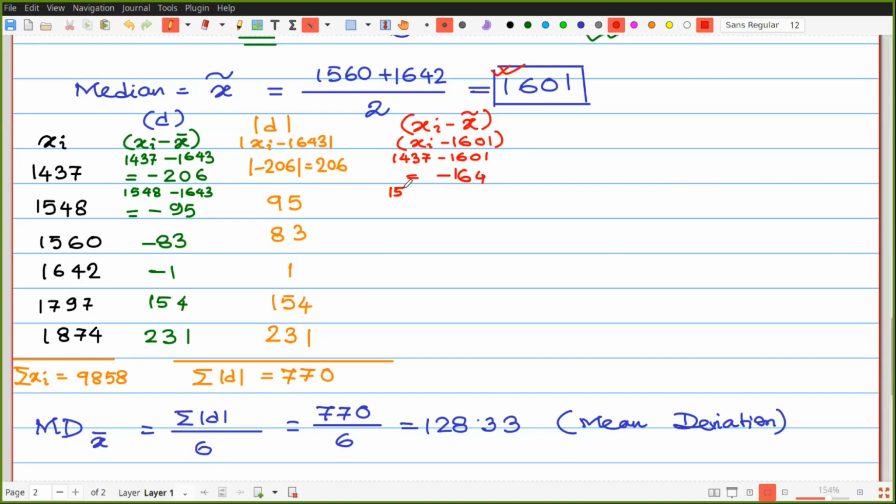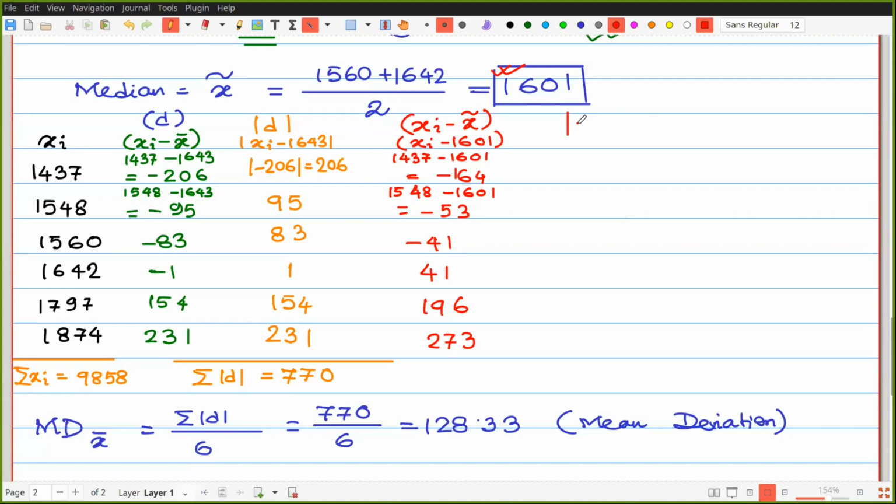The second one, 1548 minus 1601, is minus 53. I am not writing each and every item. The next one is minus 41, next is 41, next is 196, and the final one is 273.